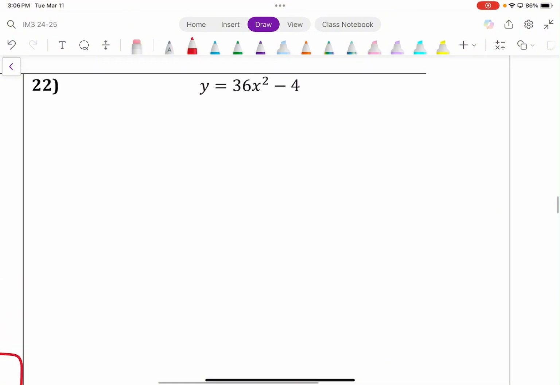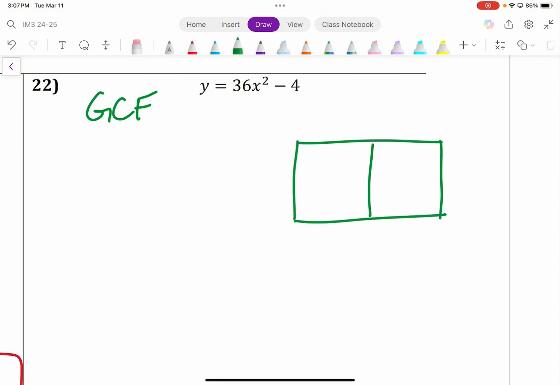Next example. y equals 36x squared minus 4. Same thing, we will start with GCF. What can I take out from 36x squared and negative 4?